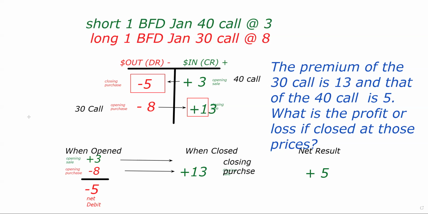So now we do a closing purchase, and boom, on that part of the transaction, we lost 2 points. So when we net it out, I've got, as you see here, 13 out and 16 in. Just another way of saying that I have a profit of $300. That is the answer to the question.